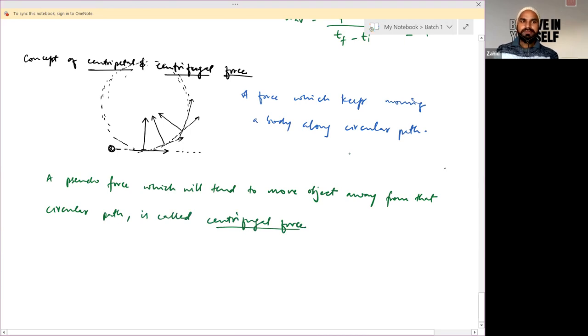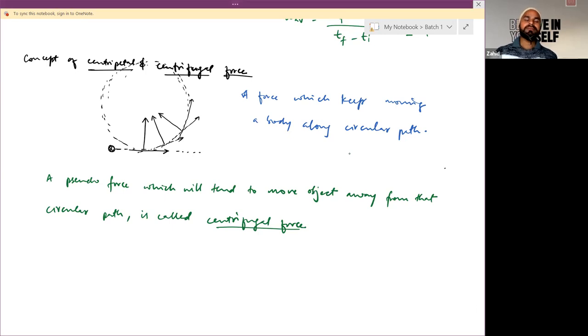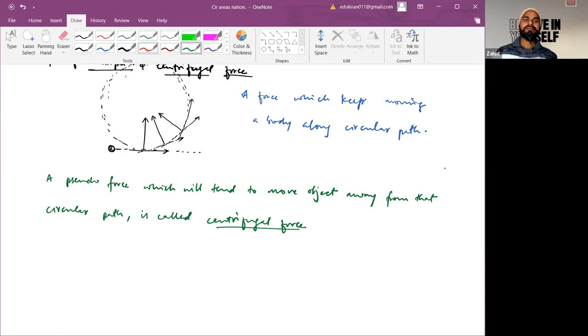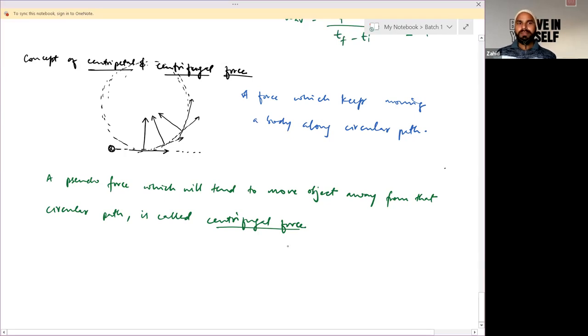So is it clear? What is the difference between centripetal force and centrifugal force? Hiba? Yes, sir. Okay, just write it down to this part.